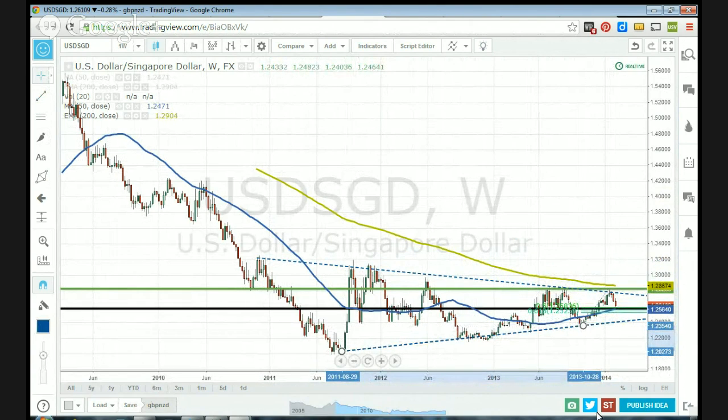So we have a little bit of a wedge pattern here, a convergence, so we're expecting some type of breakout. That's interesting. It looks like, this is really interesting. So that's what it looks like. Let's go back to the daily chart.